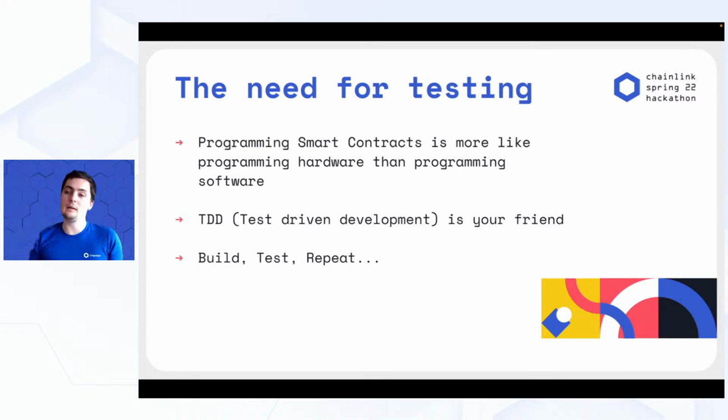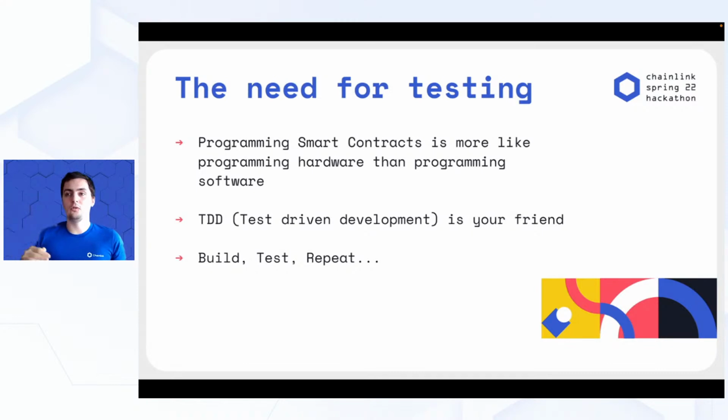So to step back to testing one more time: your flow will be to build something, then test that thing, and then repeat and repeat until you feel comfortable that you've finished the development of your smart contracts. During that phase, your best friend will be TDD, or test-driven development, which is a simple technique where you first write your tests for each use case.